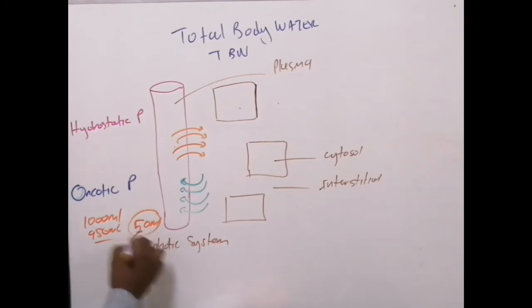So this 50 ml will make it back into the heart through the lymphatic vessels, into the thoracic duct, and into the subclavian vein, and into the heart. So the lymphatic system is responsible to drain the excess fluid that the oncotic pressure could not drain back into the intravascular space.